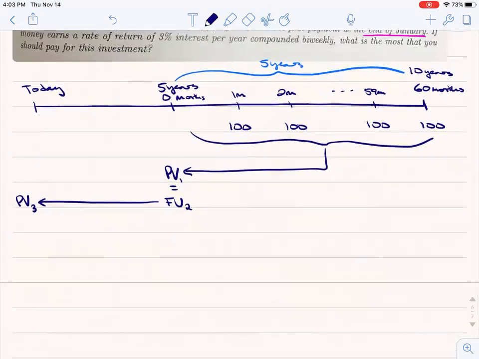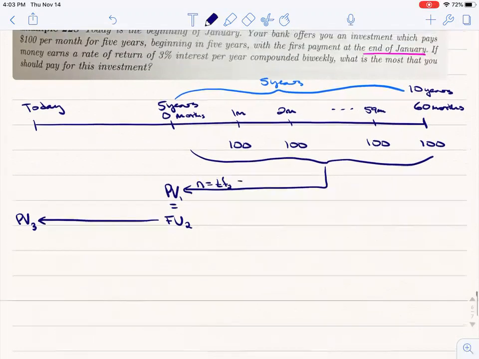N goes on the arrows, right? N on the annuity arrow is the number of payments. So N is time times the frequency, F2, which is 5 years times 12, which is 60. We already decided that.